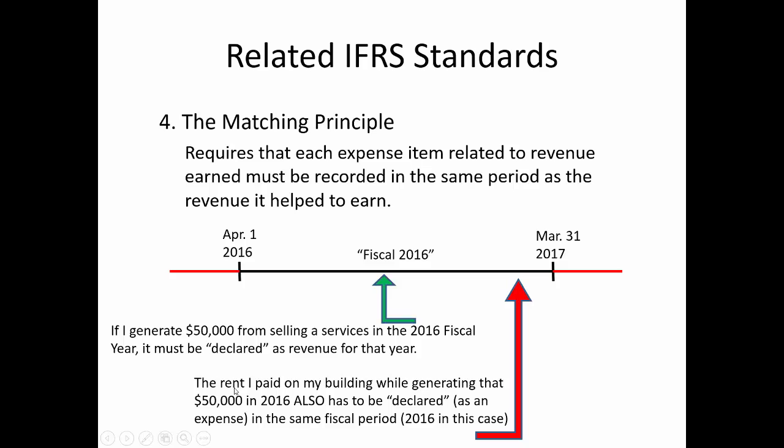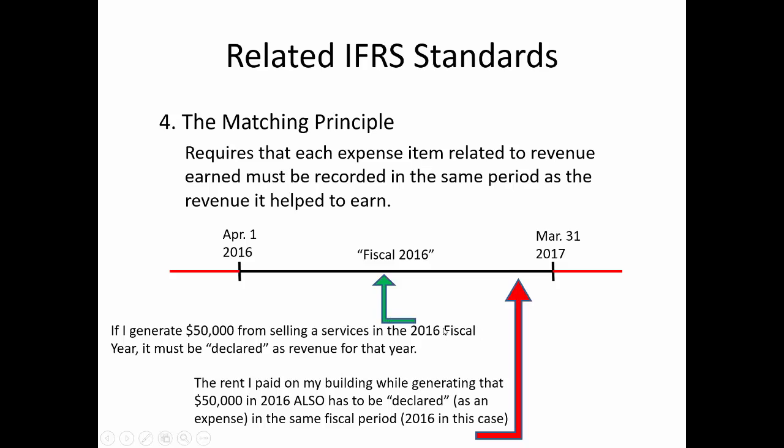So the rent that I paid on my building while generating that revenue, as well as all the staff expenses, all the other utility expenses, all the office supplies, anything I used up during that fiscal year to generate that $50,000 also has to be declared as being part of that fiscal year. So I can't, again, monkey around with the numbers and make things look different than they really are.